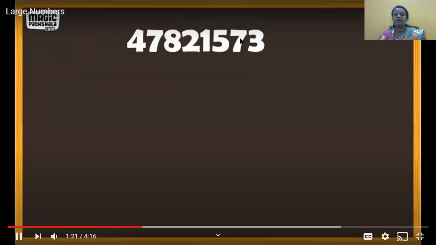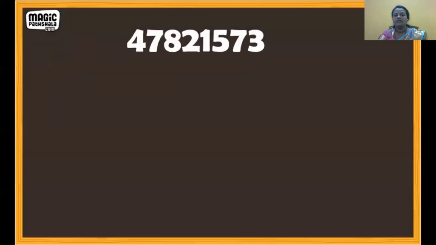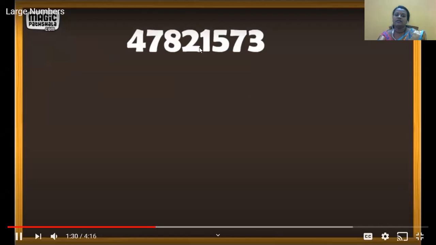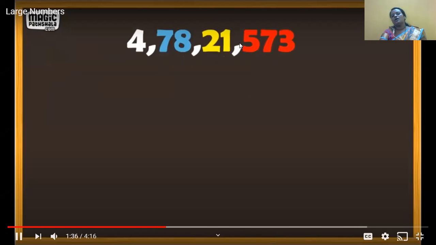So look at the number like 47821573. If you look at the number, they are of order 1, 2, 3, 4, 5, 6, 7. So we are going to separate it by some commas. These commas, if you see, are placed in such a way that they form some periods.